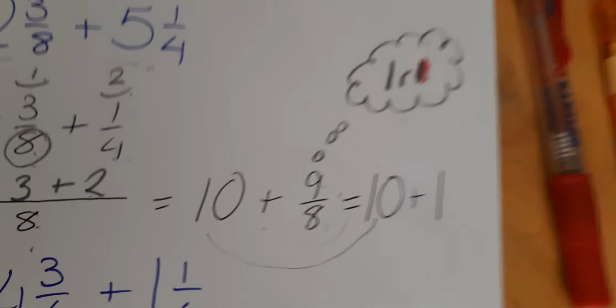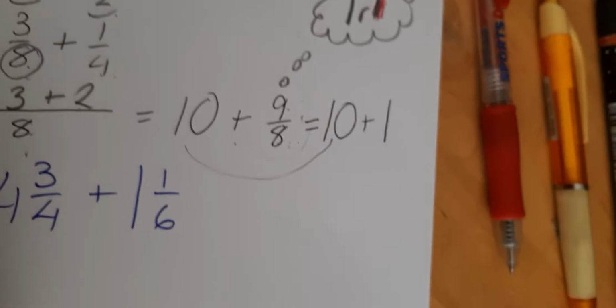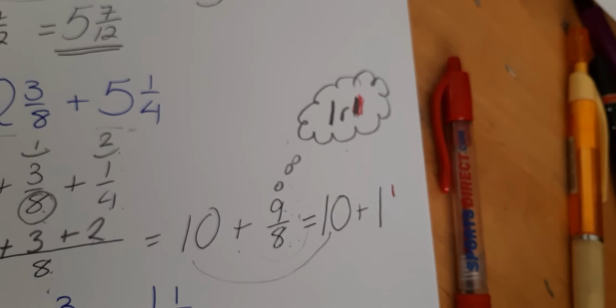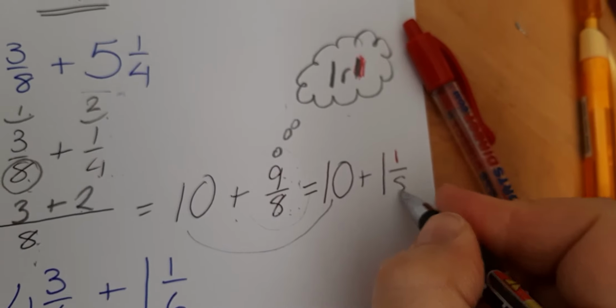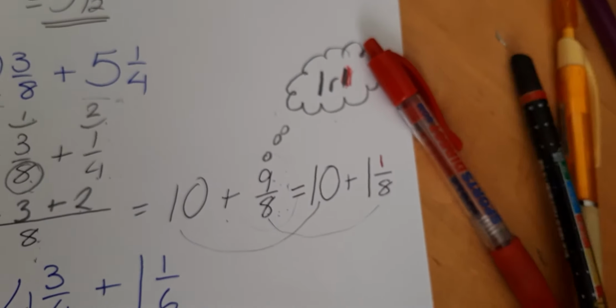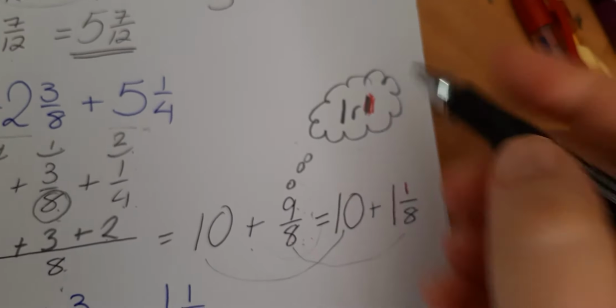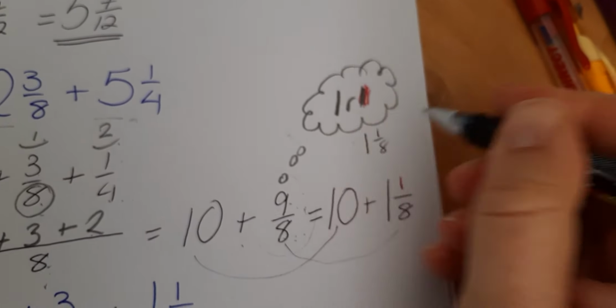So we should know by now how to do this, because I think we've had practice. I can't get the lid off my pen. There we are. Okay. 1 and 1/8. Remember, the denominator stays the same. Okay, so 9/8 is 1 and 1/8.